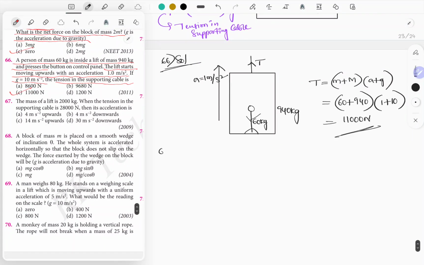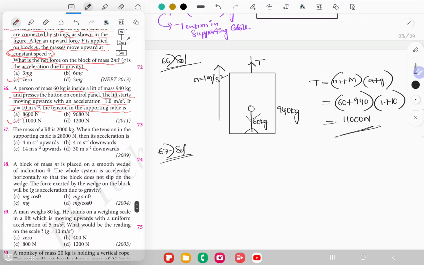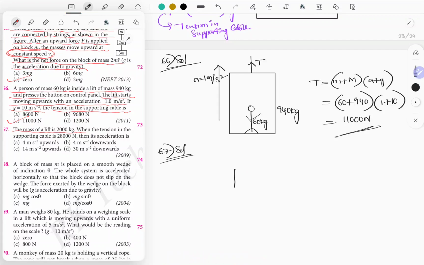Okay, next, question number 67. So the mass of the lift is 2000 kg. Again the same type, a lift numerical. The mass of the lift, that is capital M, is equal to 2000 kg.